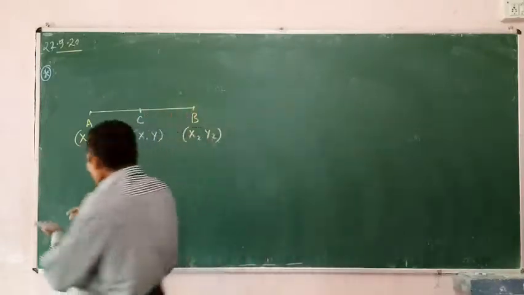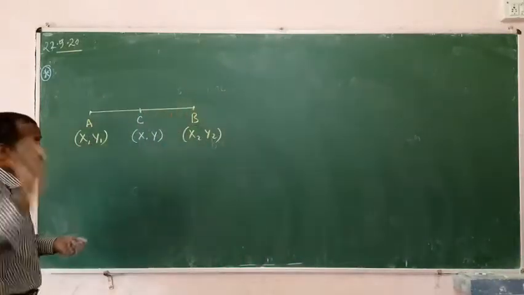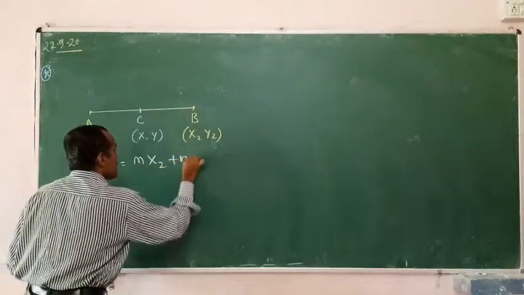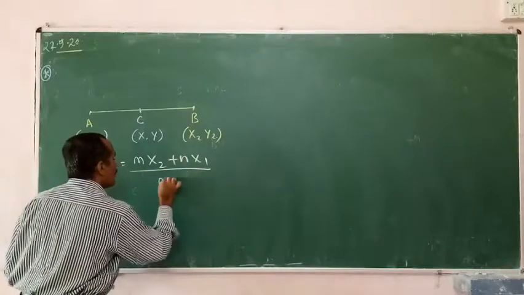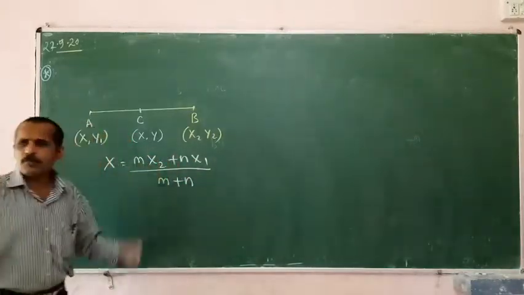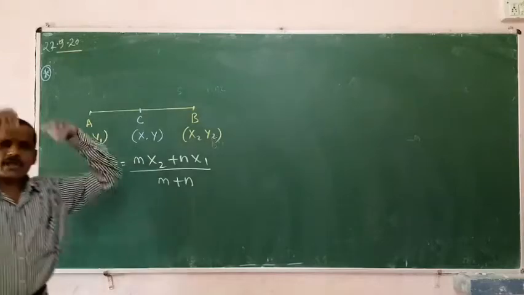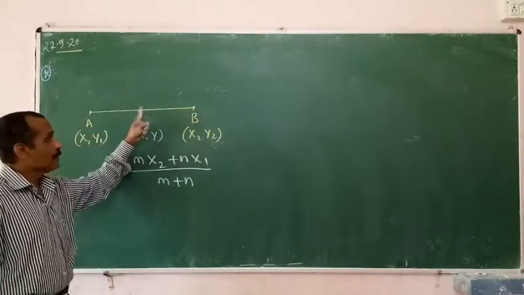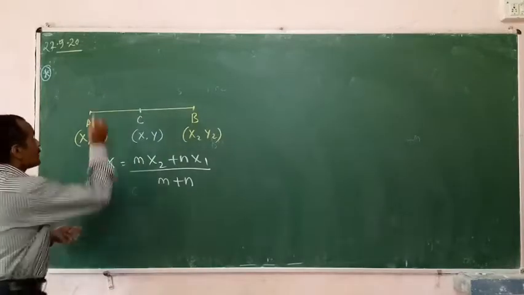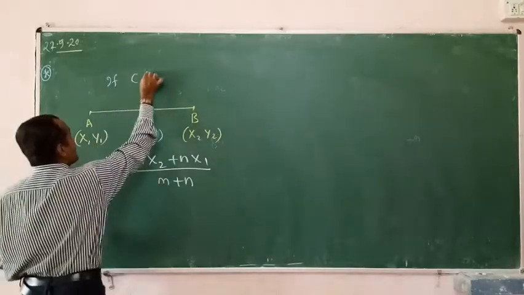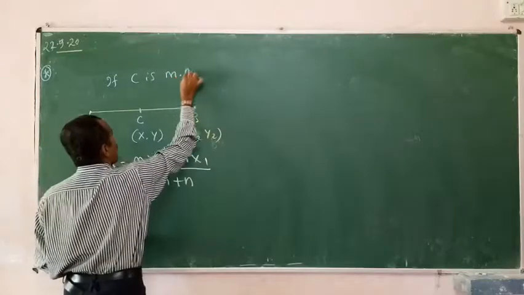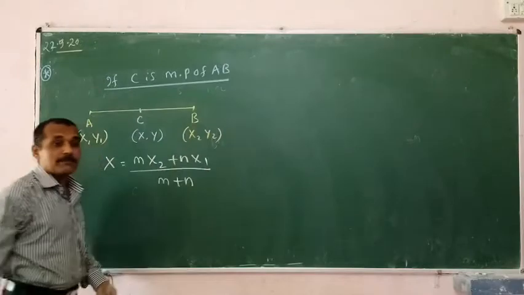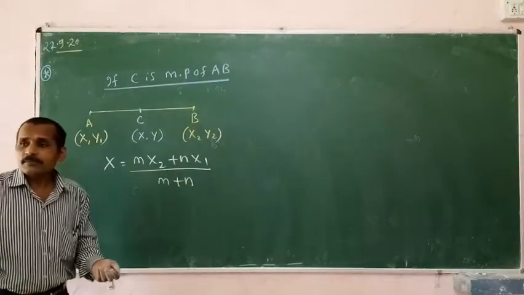Let me write first the original section formula. x is equal to (mx2 plus nx1) divided by (m plus n) is the original formula, which can be used for any ratio. But now it is a midpoint. I will write, if C is the midpoint of AB, then what is the ratio?